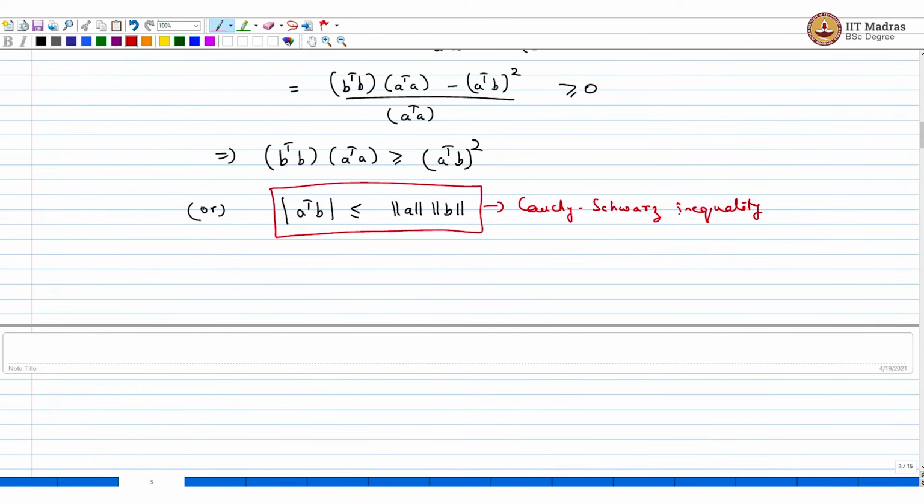So, moving on, we will look at what is called the projection matrix.